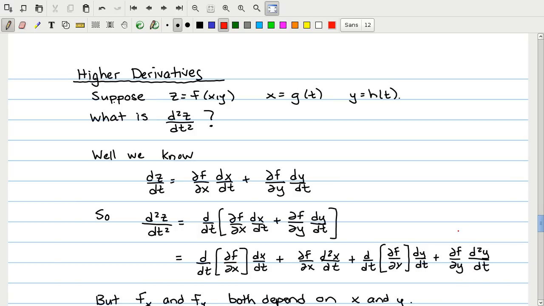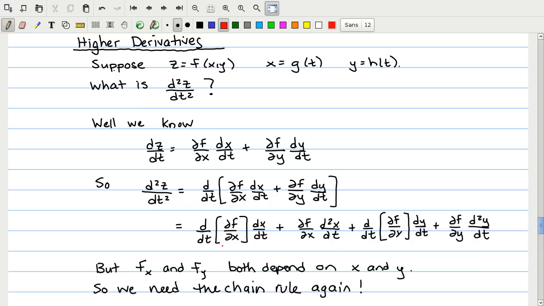Now here's where it gets messy. It's very unfortunate. Both fx and fy depend on x and y. These are partial derivatives, and so they are just functions. They are functions of x and y, however, and x and y both depend on t. So in order to calculate the time derivative of these two objects, we're going to have to use the chain rule again.